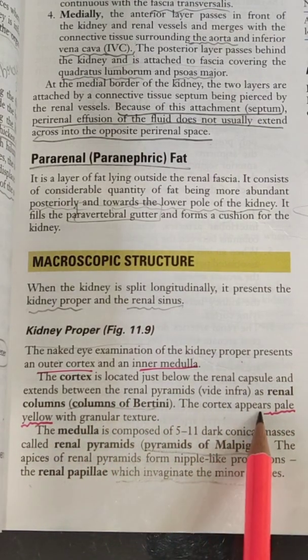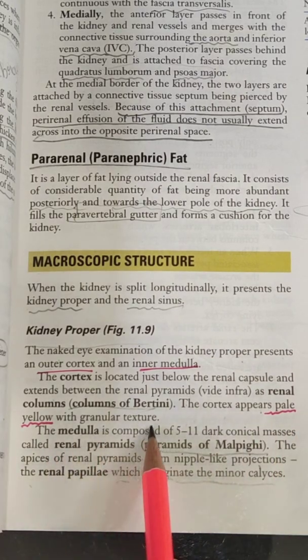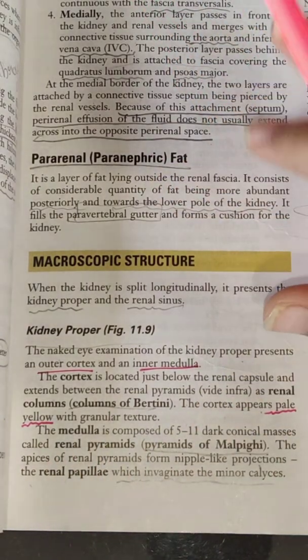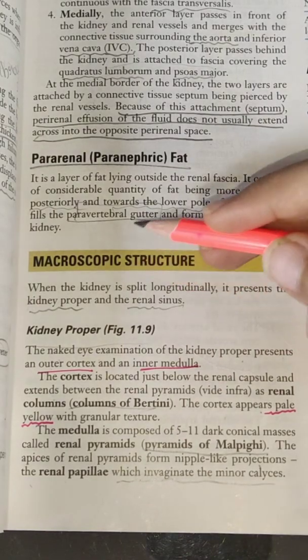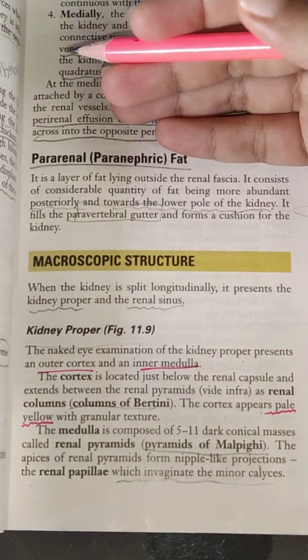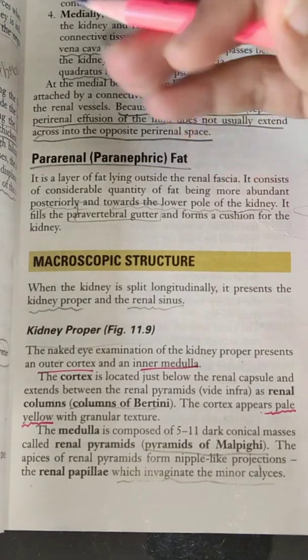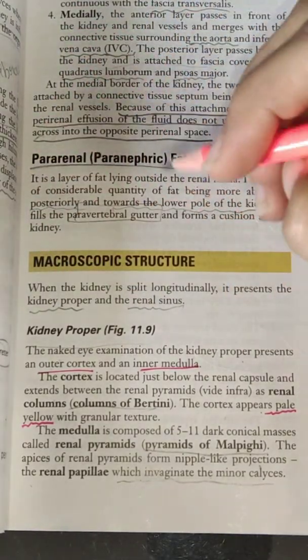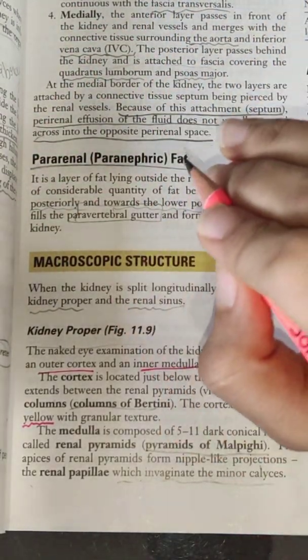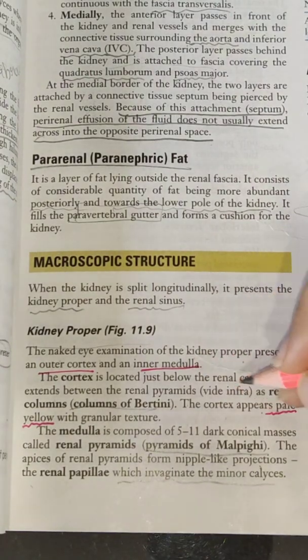The cortex appears pale yellow with granular texture. As we have seen in the diagram, the cortex is located just below the renal capsule. It extends between the renal pyramids as renal columns of Bertini.